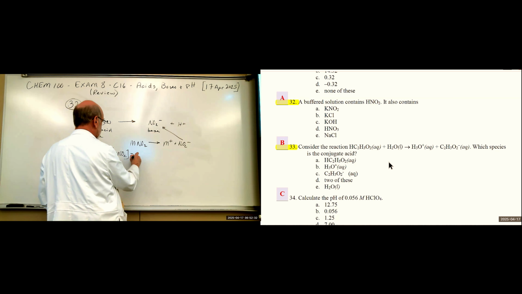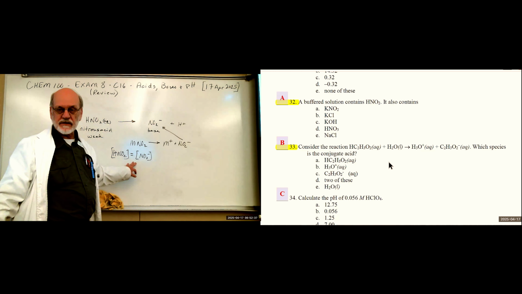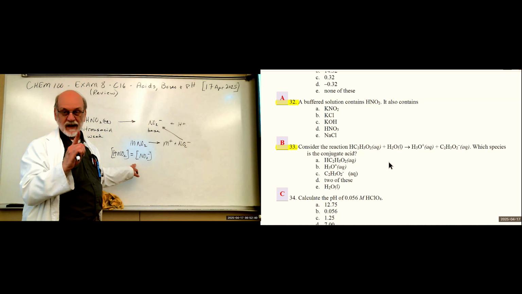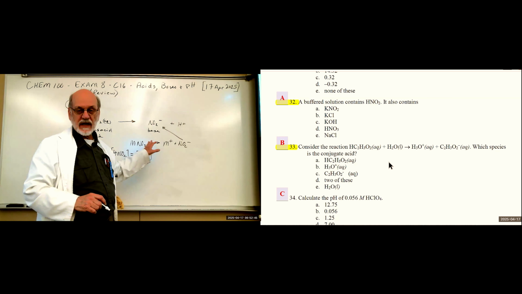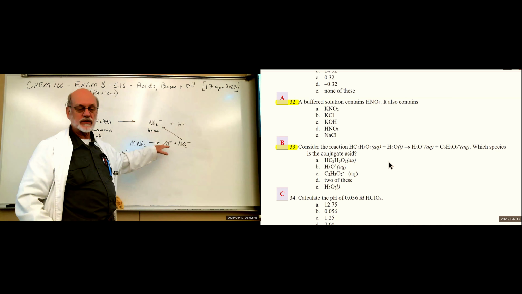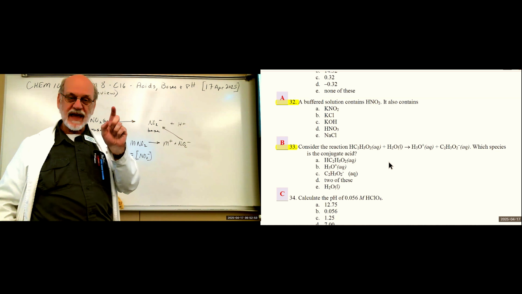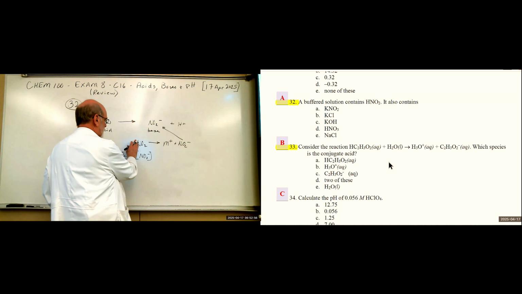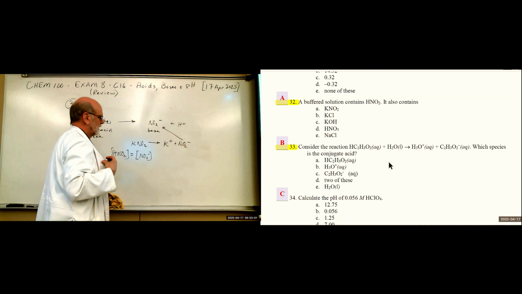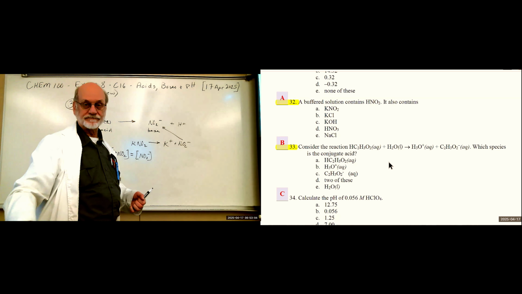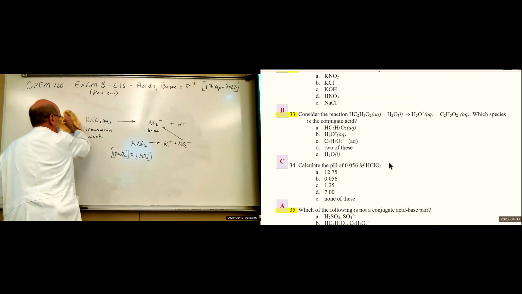HNO2 concentration equals NO2 minus. That is right in the middle of the buffer zone when these are equal. And the way you get that one in solution is you put it in there as the salt of that anion. So the only one that gets you there is A, KNO2. So we make that a K. This becomes potassium. And that's how you do it.